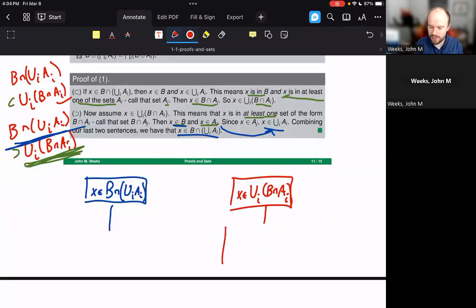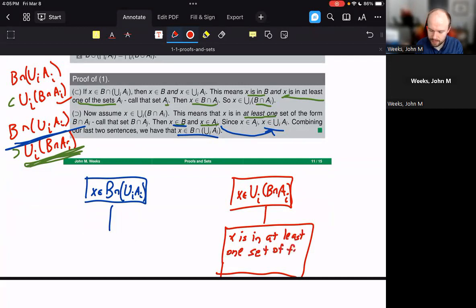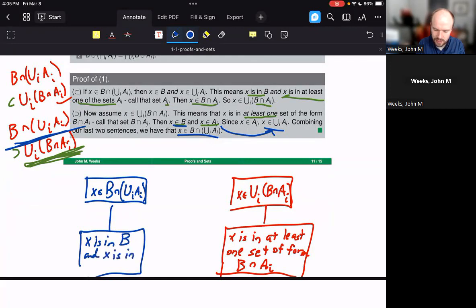I might say, okay, the way that I understand this definition, and hopefully this is the right perspective, if not, I need to go back and try again, is that x is in at least one set of the form B intersect A sub I. Whereas I might also be working from the beginning, which says that x is in B and x is in one set of the A sub I.